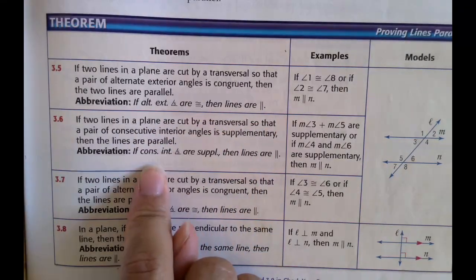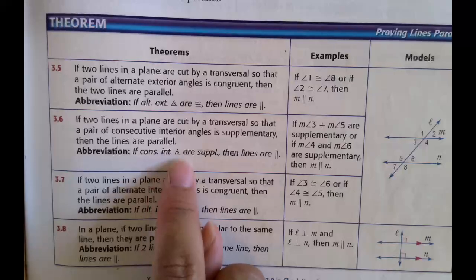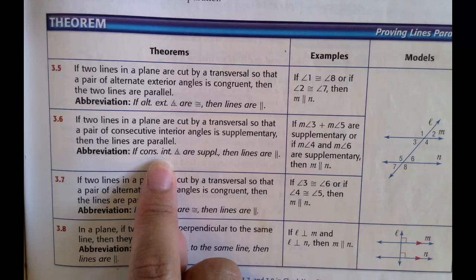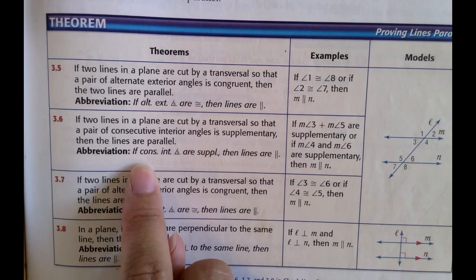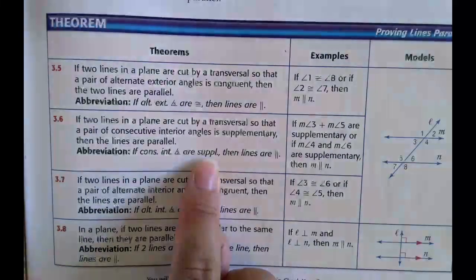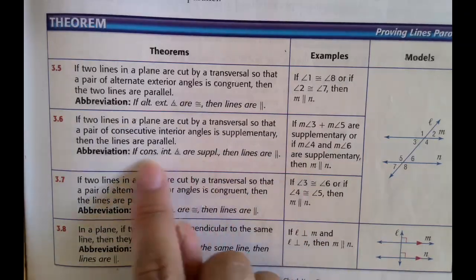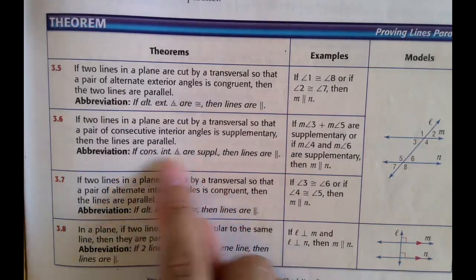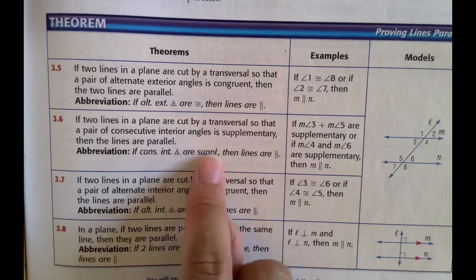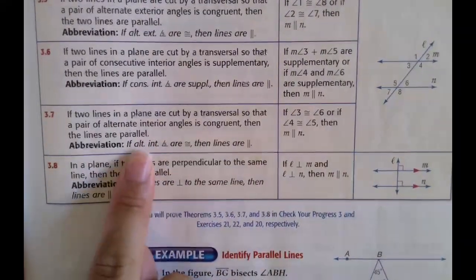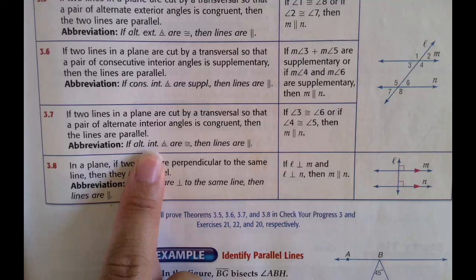Okay? This is the converse of the consecutive interior angles or same side interior angles. Again, it flips the conclusion and the hypothesis. So this time, if your same side interior angles are supplementary, then the lines are parallel, right? Because if you remember, same side interior and same side exterior, they're not congruent, they're supplementary, okay? So keep that in mind. This one is alternate interior, the converse of that, right?